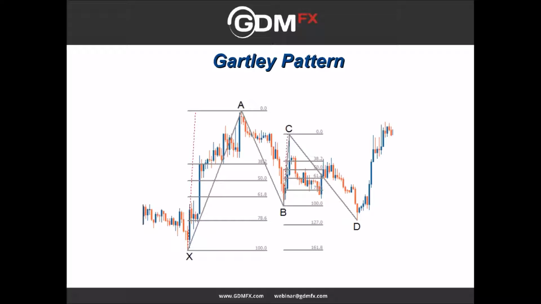If it reaches a target of 127 on the BC leg or the 78.6 on the XA leg to form the D point, this holds greater significance to the upside that we need.